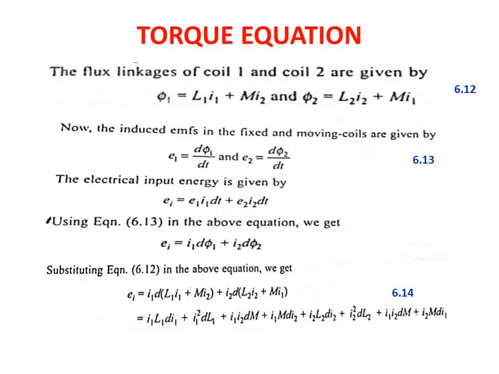Using the above equation 6.13, we get EI equal to I1 d phi 1 plus I2 d phi 2.